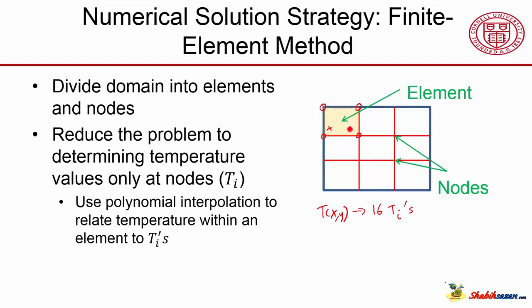So the interpolation is more complicated. It'll be a bilinear interpolation in this case, but the idea is the same. I think of this value as a weighted average of these 4 values, and the weights for each of these values is given by the so-called shape function, for those of you who have seen shape functions.